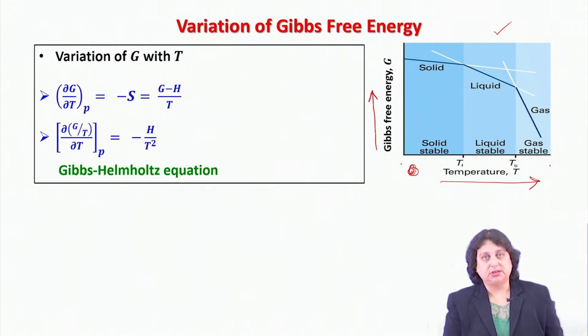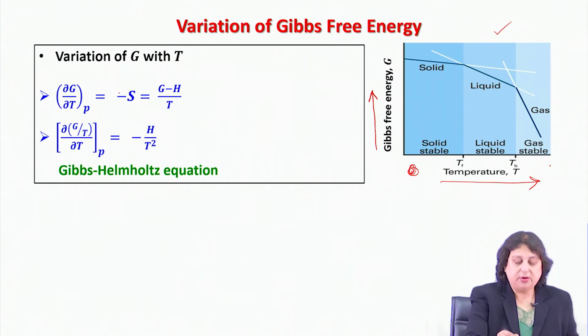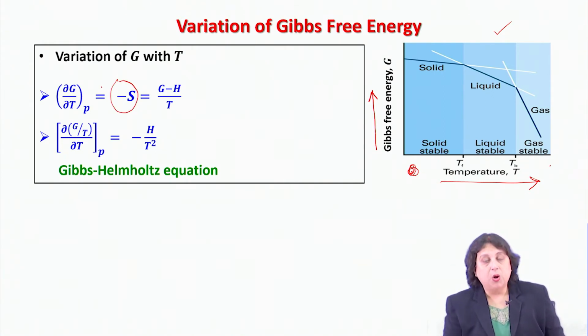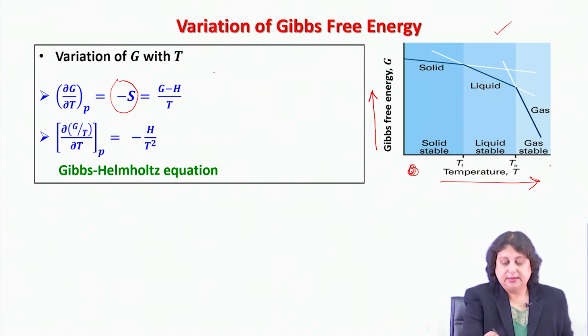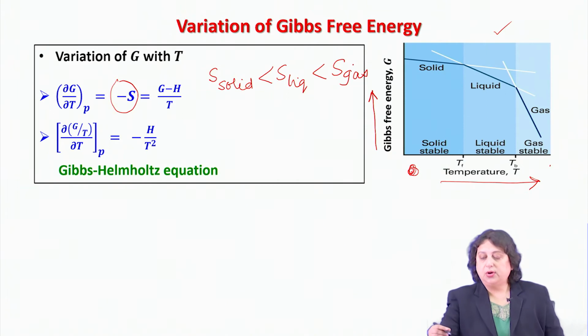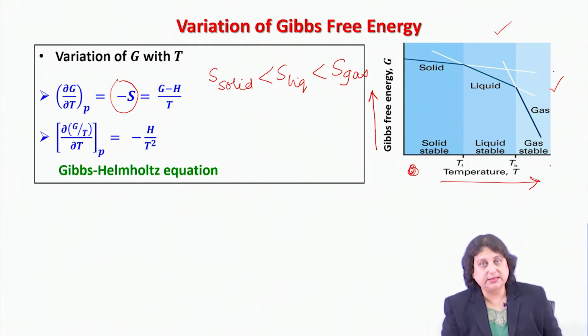Under this condition, the slope of variation will depend on the entropy of the system. Since the entropy of the solid is less than the entropy of the liquid, which is less than the entropy of a gas, I can draw this picture for the variation of the Gibbs free energy for all three phases of this pure substance.